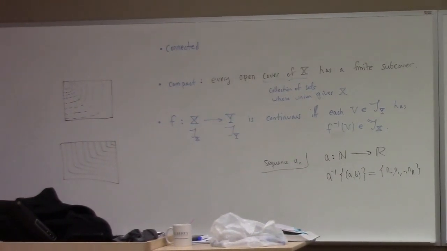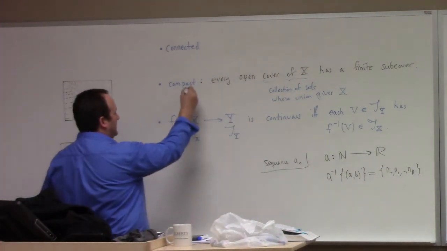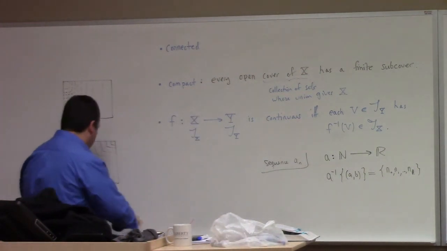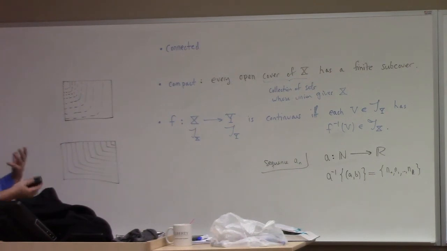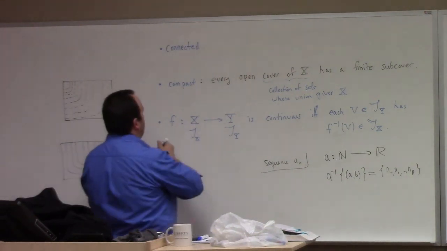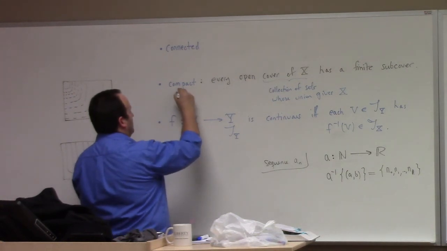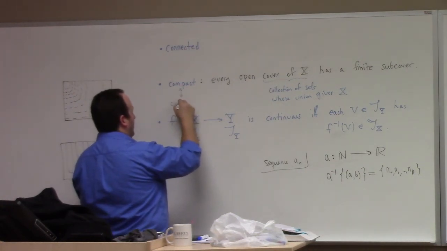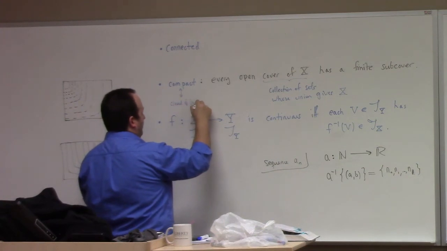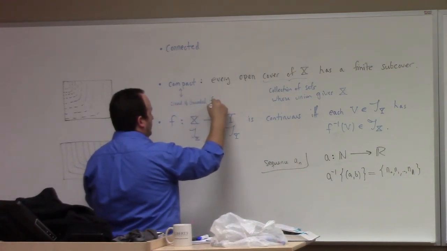Well, anyway, that is how to define compact, but the interesting thing is that compact basically means finite, all right? It means that, for example, in a metric space, if you have a closed and bounded set, this is interchangeable with closed and bounded for a metric space.